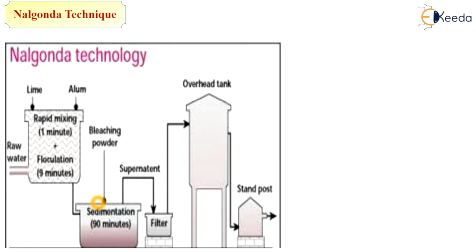The supernatant formed is then filtered, and the clearer water is pumped or stored in this overhead tank and passed on for the next process. So in the Nalgonda technique, we apply coagulation, flocculation, sedimentation, and filtration processes simultaneously.